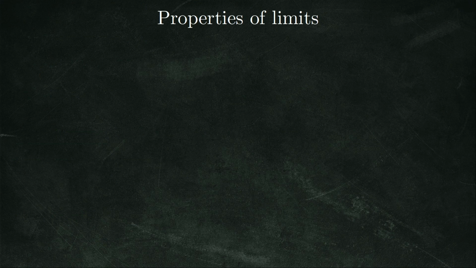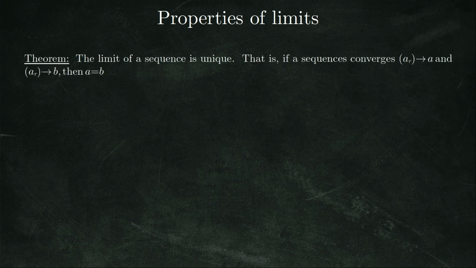We're now going to look at some properties of limits. The proofs for these theorems are in your booklet to work through and read through, but I'll put the statement of the theorem here and give a rough explanation. So firstly, the limit of a sequence is unique. That is, if a sequence converges to a point A and to a point B, then those two points must be the same point.